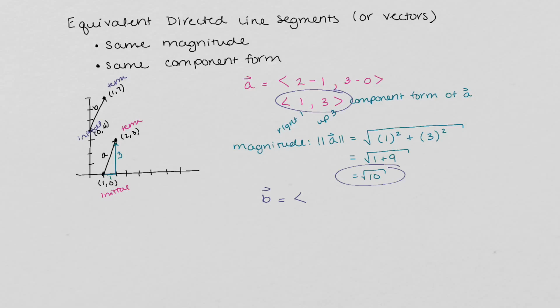So I take my terminal x, which is 1, and I subtract my initial x, which is 0. And then my terminal y, which is 7, and I subtract my initial y, which is 4. And when I do that, I get 1, 3. And so again, component form of B is 1, 3 inside those chevrons.